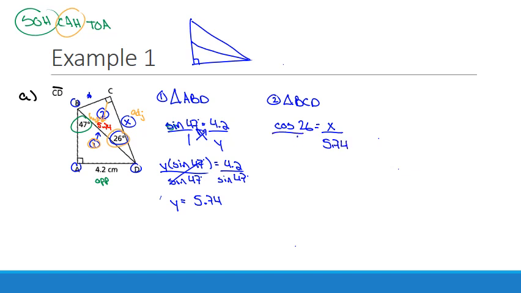Great news, the variable's on top, so that's the quicker version of this solution. So 1 times x is x, and then 5.74 times cos 26. Once I multiply that, I get 5.16 centimeters. That is what I was chasing, because remember our x is that side CD. And that is how you'd get through that example.